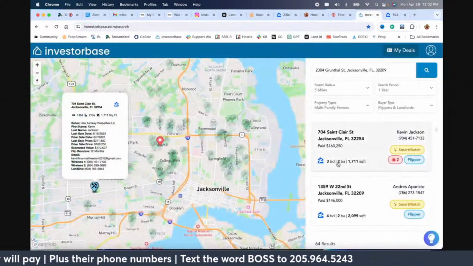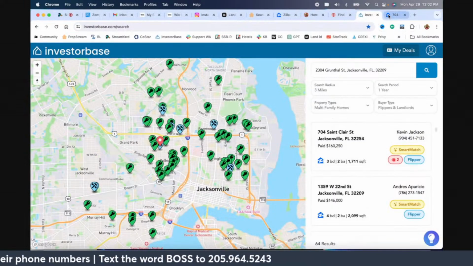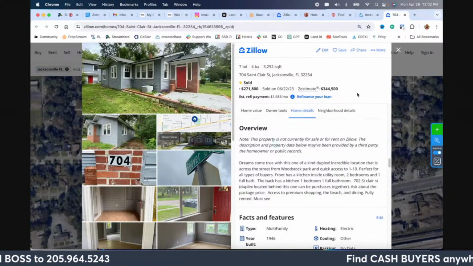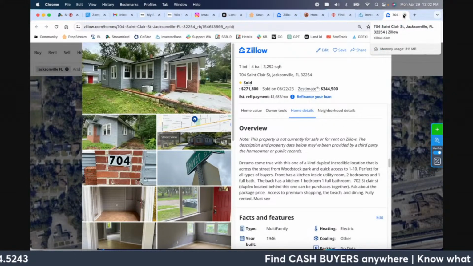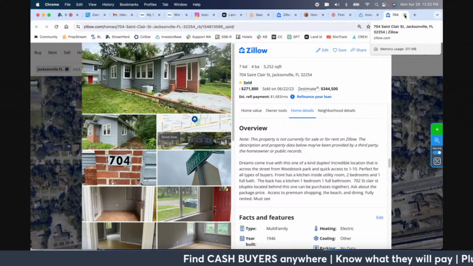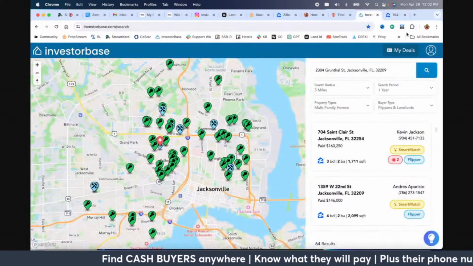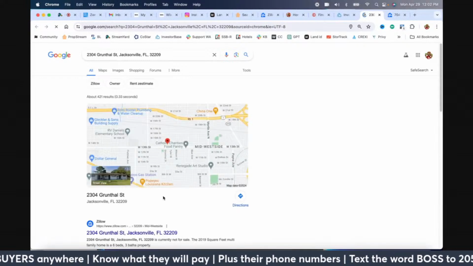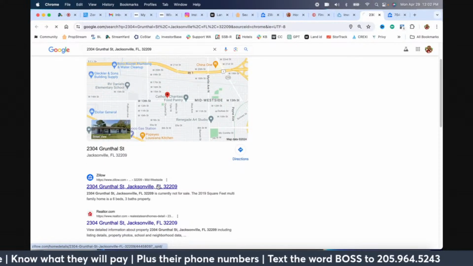They initially paid $160 for it. Is it currently rented or occupied or vacant? That info will help. He said, I'm having trouble with the owner letting me do a walkthrough of the property.